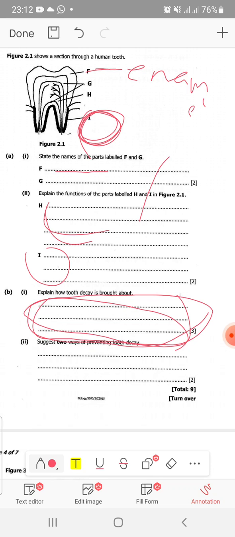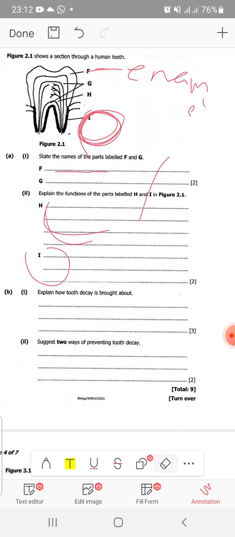Okay, then we talk about Roman numeral 2. Suggest 2 ways of preventing tooth decay. So you can prevent tooth decay by avoiding eating food with a lot of sugar. So eat food with low sugar content.